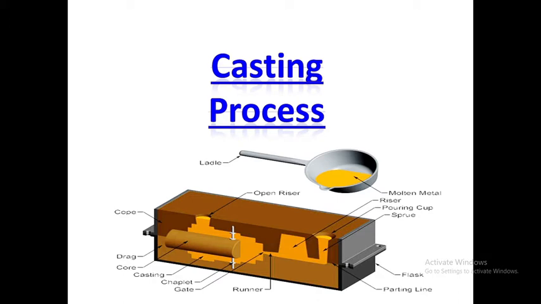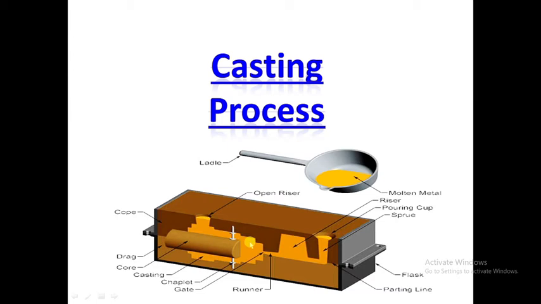Casting is a manufacturing process in which a liquid material is poured into a mold which contains a hollow cavity of desired shape and then allowed to solidify. This solidified part is known as a casting, which is later broken out of the mold to complete the process.